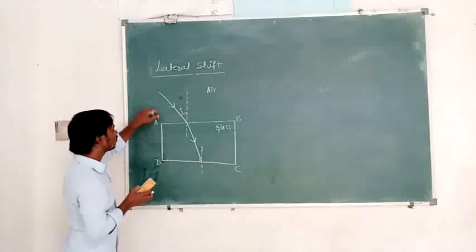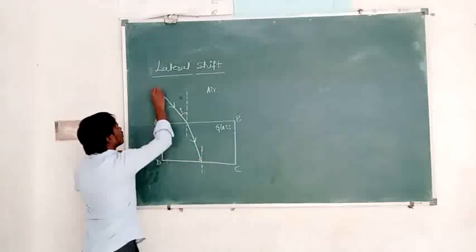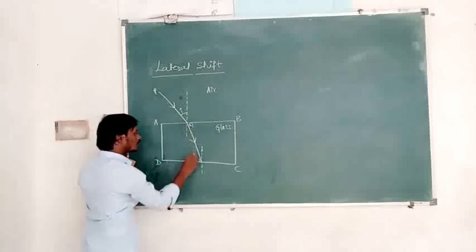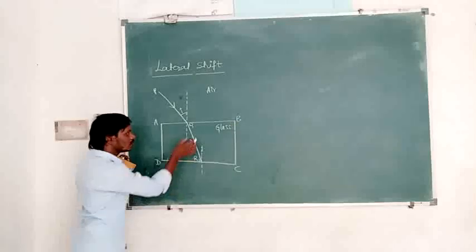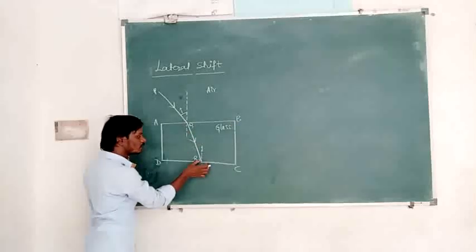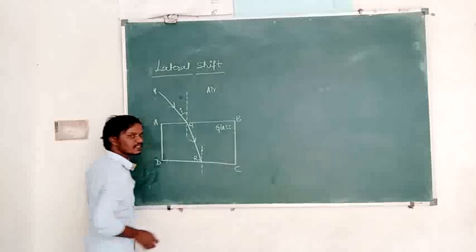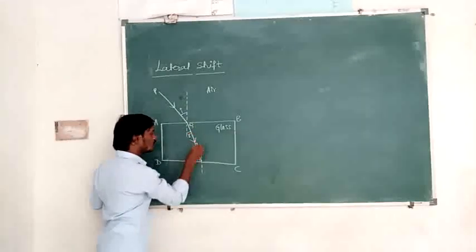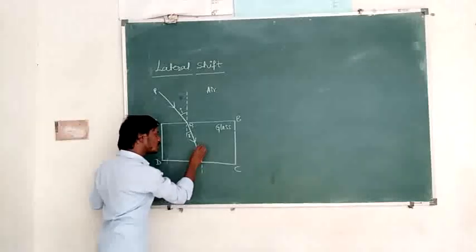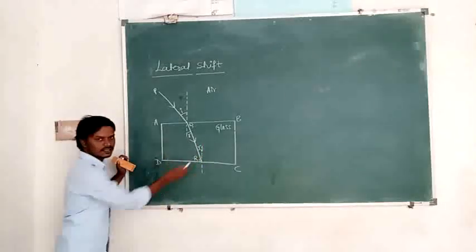I will take PQ as the incident ray here and QR as the refracted ray for the first surface AB. Now QR is the incident ray for the second surface, DC. Here the angle of refraction is r, and the angle of incidence is also r, because they are alternate angles.